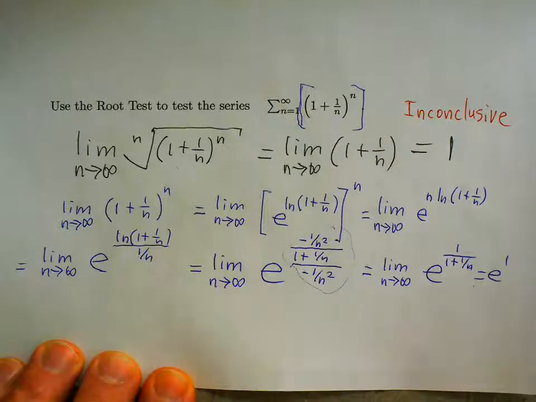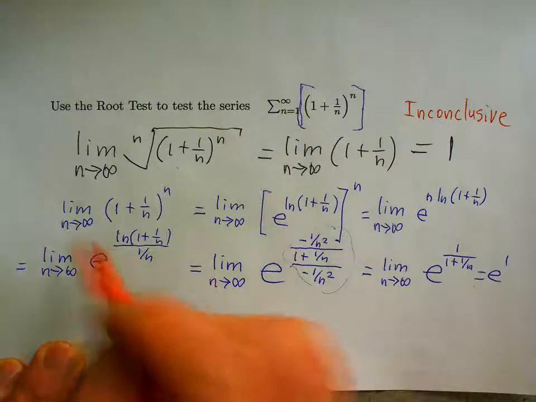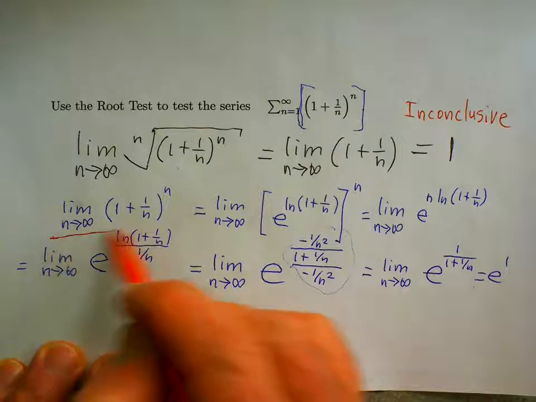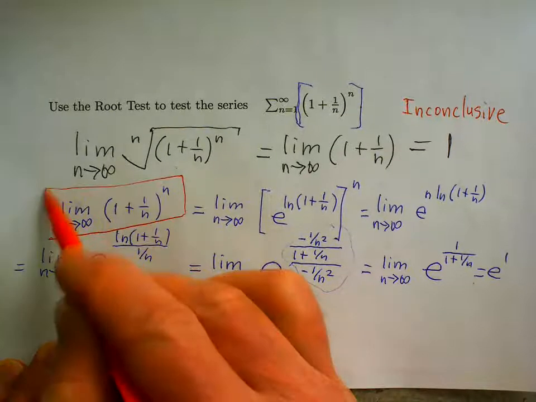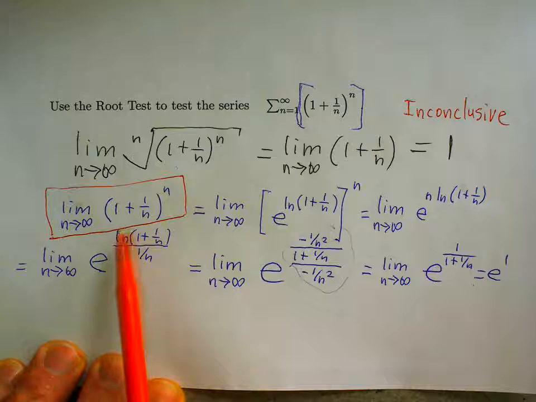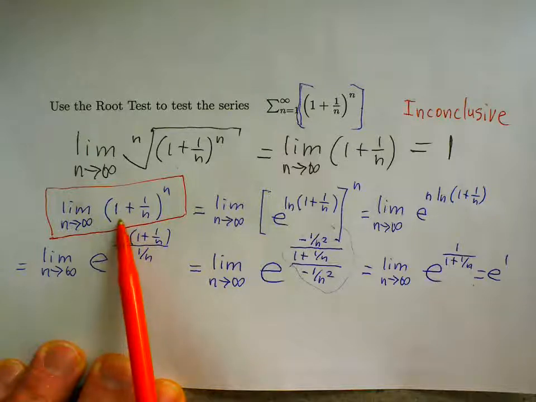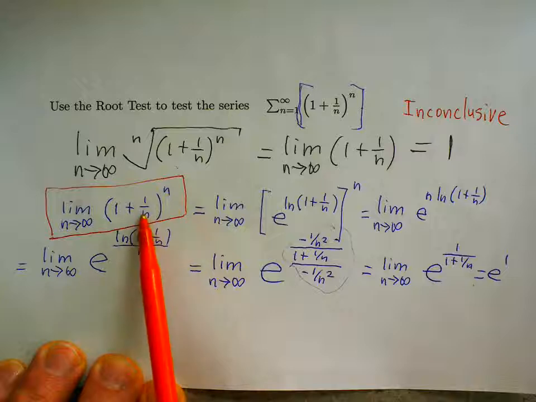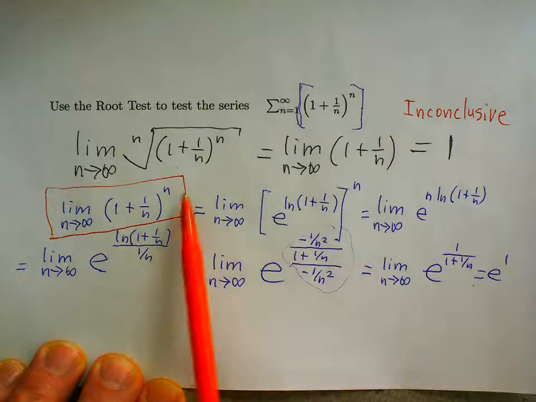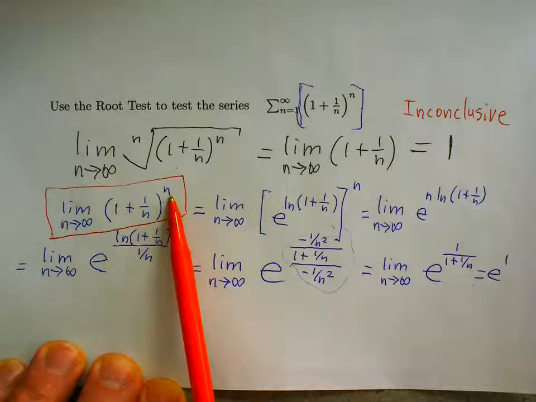So in college algebra, even though you didn't formally discuss limits, you may have learned in that course that 1 plus 1 over n to the n approaches the number e as n gets large.